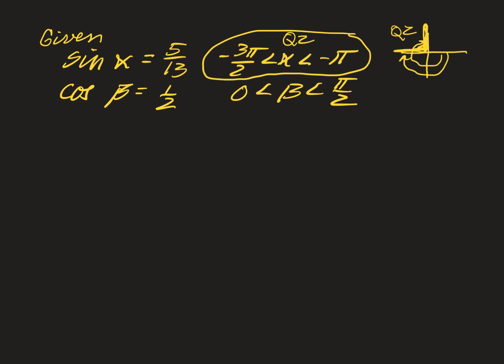And then cosine beta, with beta from 0 to pi over 2, that means that is quadrant 1. So in other words, we've got an angle from quadrant 1, beta, and an angle that we go all the way around to, that's alpha, and we're going to add those two angles together.